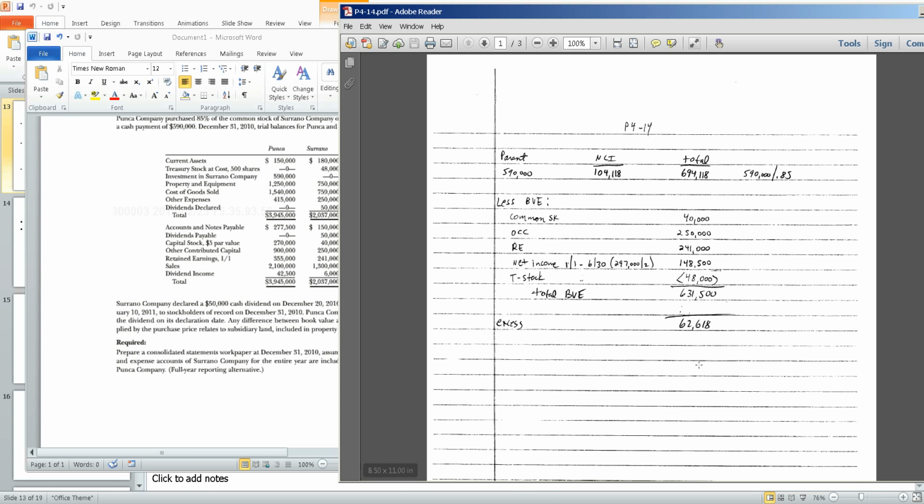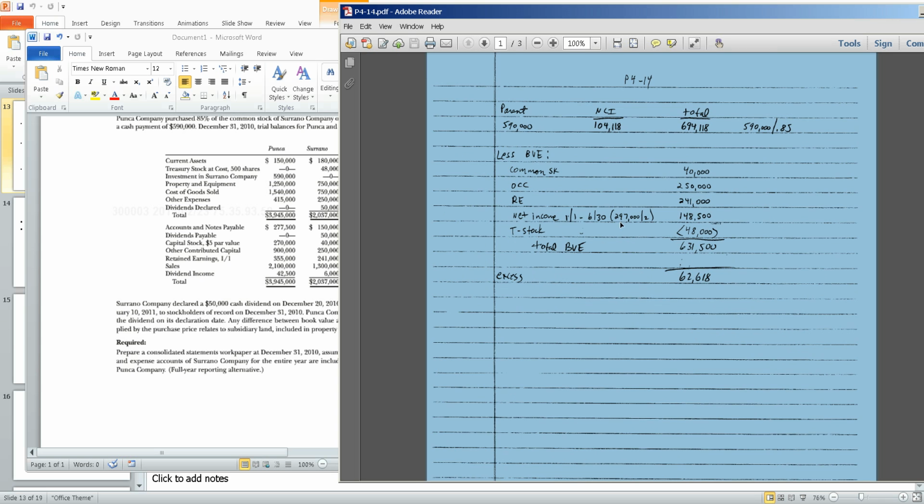So I'm going to show you where this 297,000 came from. Essentially, that $297,000 is the full 12-month income of the sub. We're going to prorate that for 6/12 of the year, or divide it by 2. And that $148,500 represents the income that has been generated by the sub from the beginning of the year up through the acquisition date.